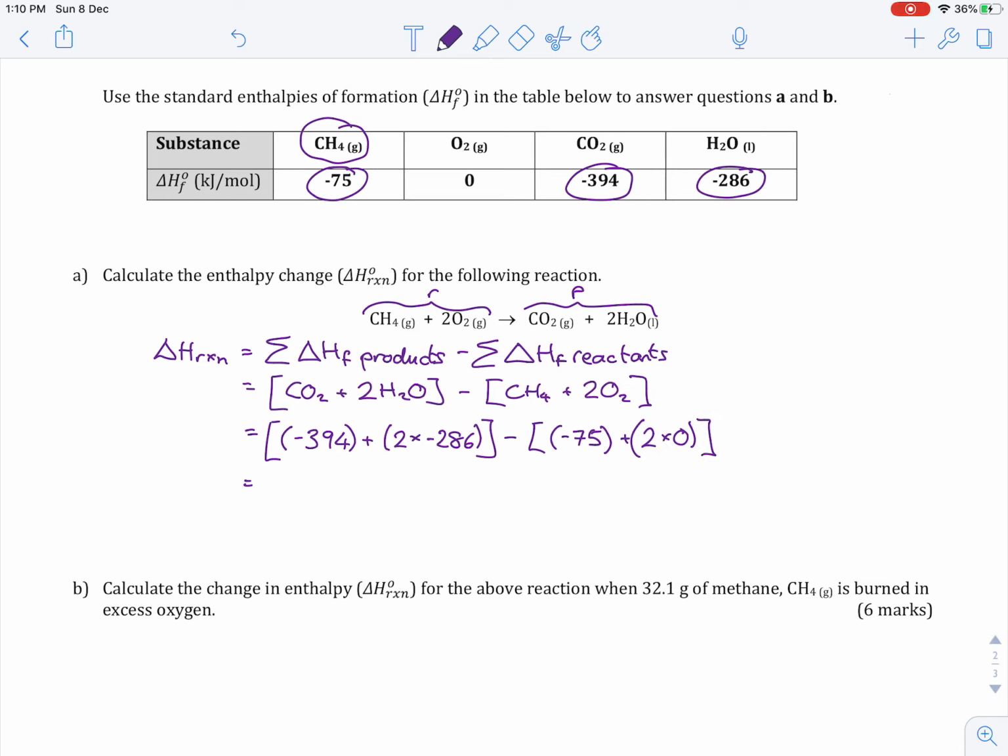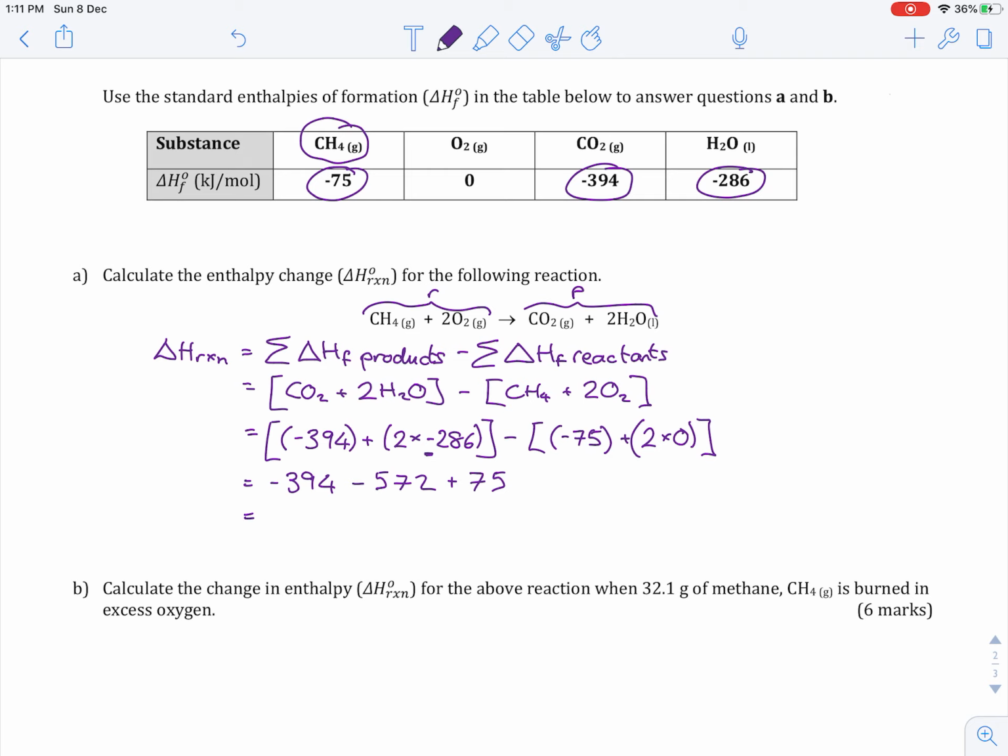So looking at these numbers, you've got minus 394. Now you've got your minus here, so 2 times 286 is going to be minus 572. Then don't forget that your minus with a minus makes a plus, so plus 75.